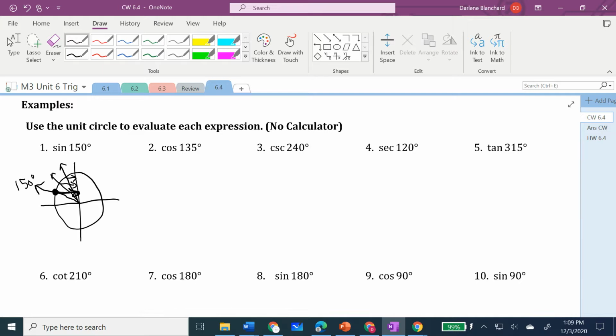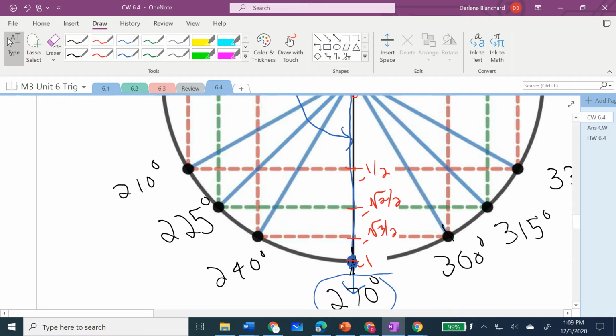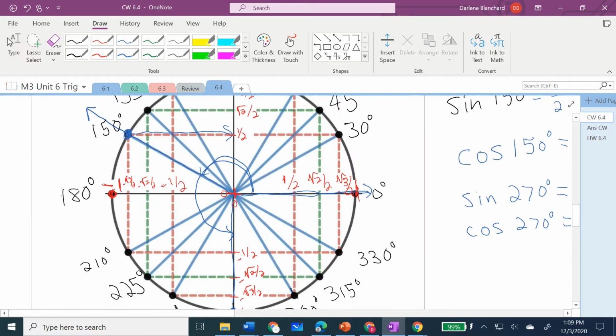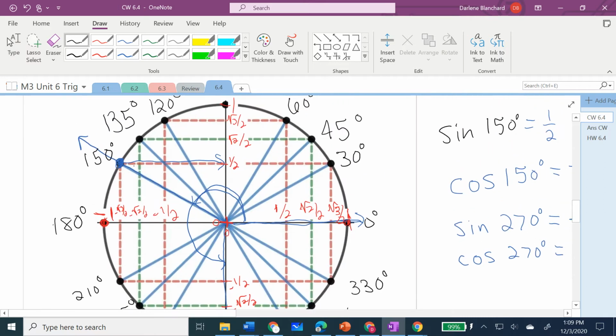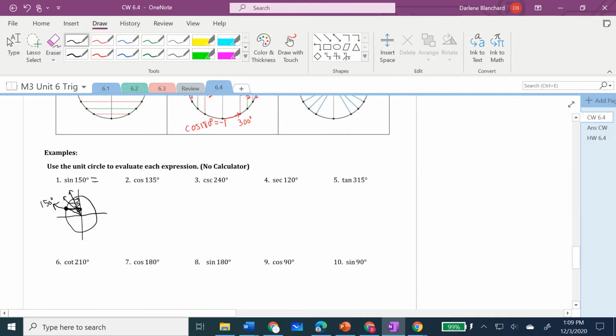Is there only one person who sees it? If you know the answer, I want you to type it in because I need to know who's understanding. 150 degrees, 1/2. There we go. Okay.